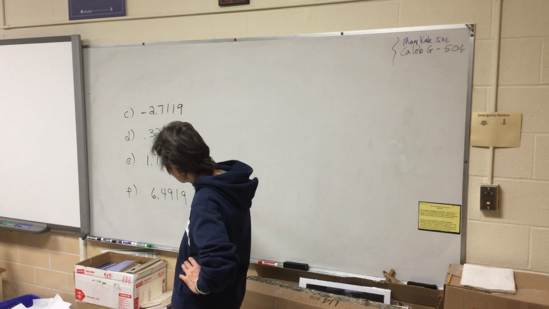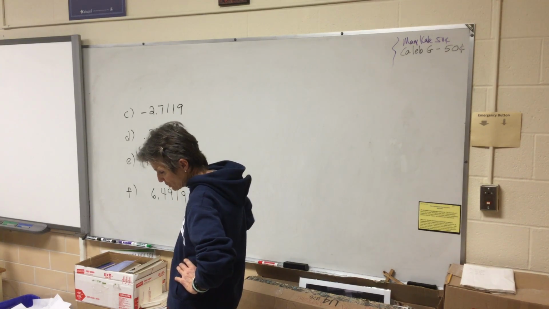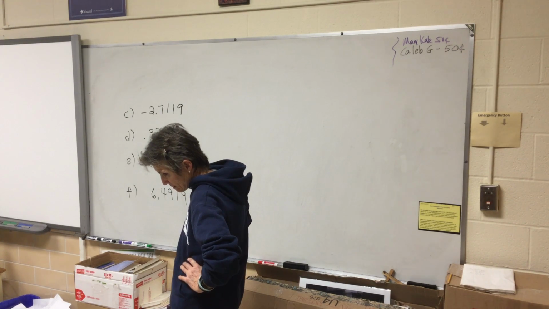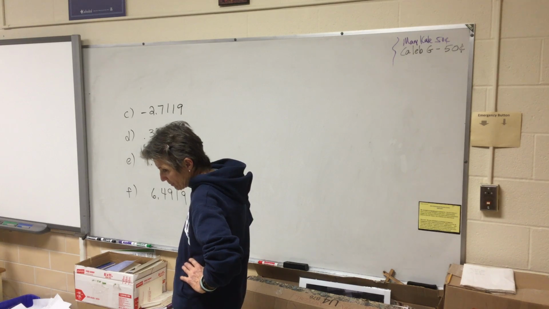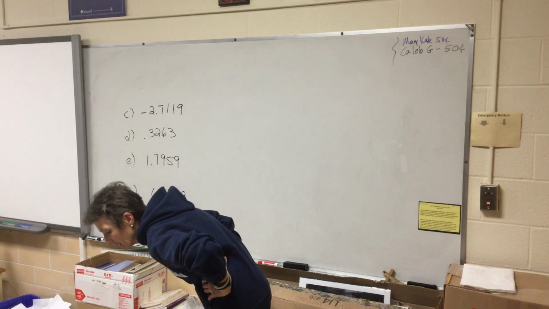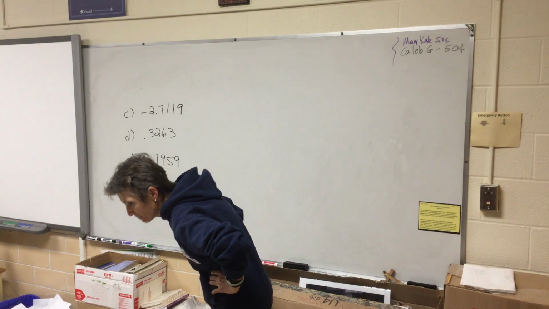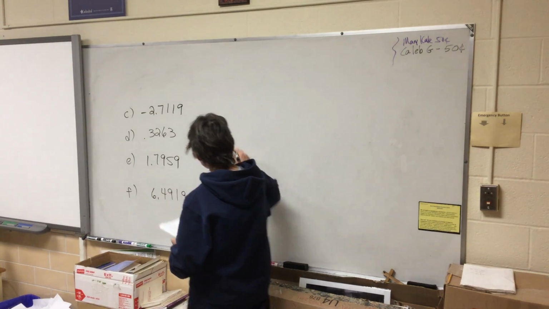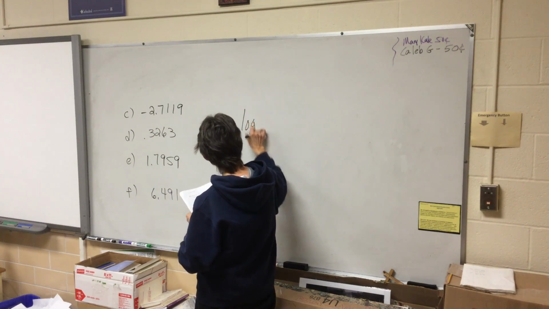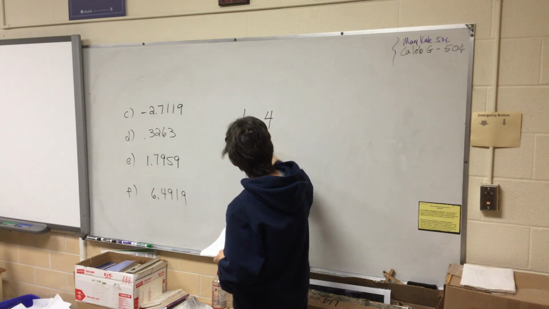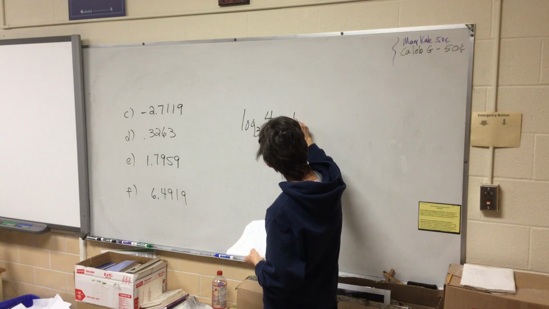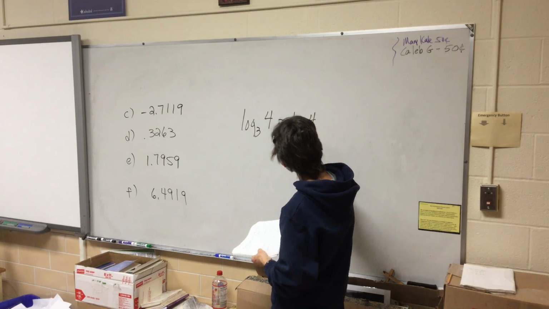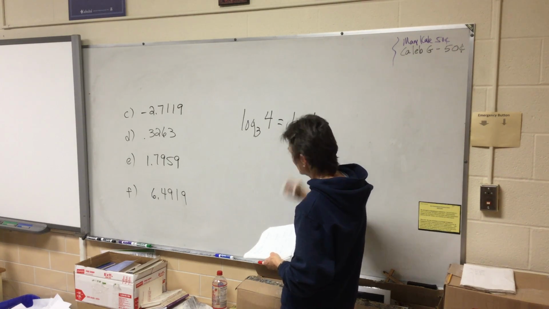Okay, are you getting these answers, or do you not know what we're doing, or what? I'm kind of confused. Okay, I need you to really pay attention, okay? Because these are super simple. Let's go back to question A. When we calculate this, we type log 4 divided by log 3.